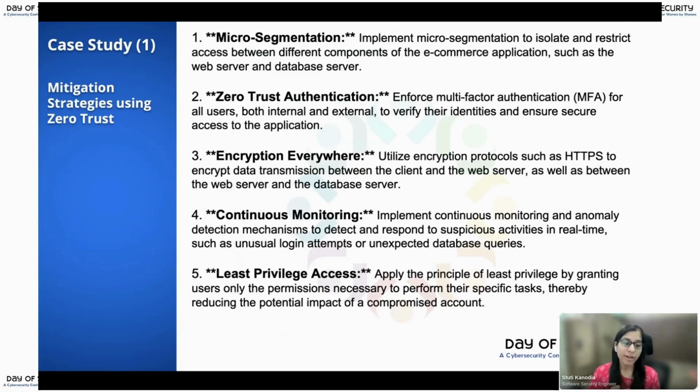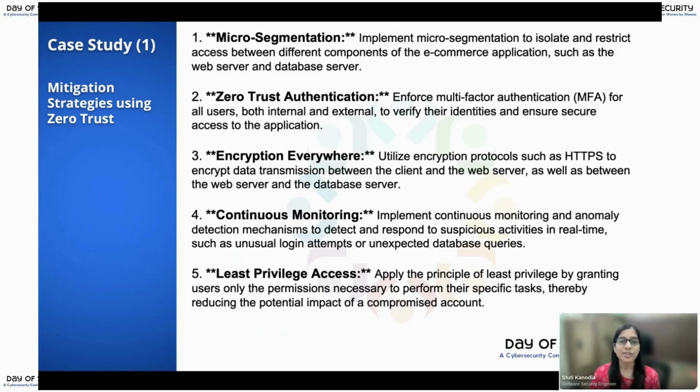If we have a different network segmentation for these two servers, then even if one is compromised, we can limit the attack area and the impact. So it is very important to segment the different components of your application.